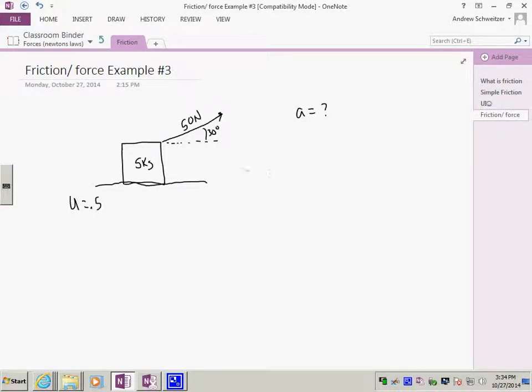First things first, let's start drawing out all of our forces. Step 1 is to label forces. I have the force of gravity going down. I'm going this way, so this is going to be the force in the x direction. I'll label that in a second, as far as the component force.